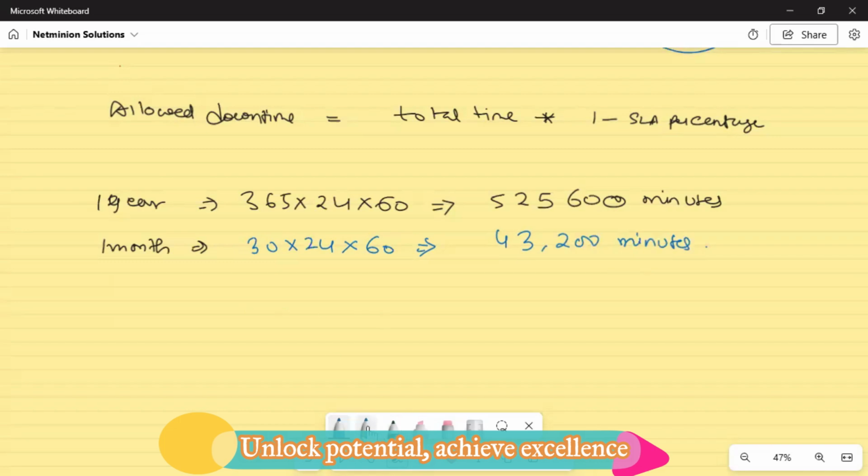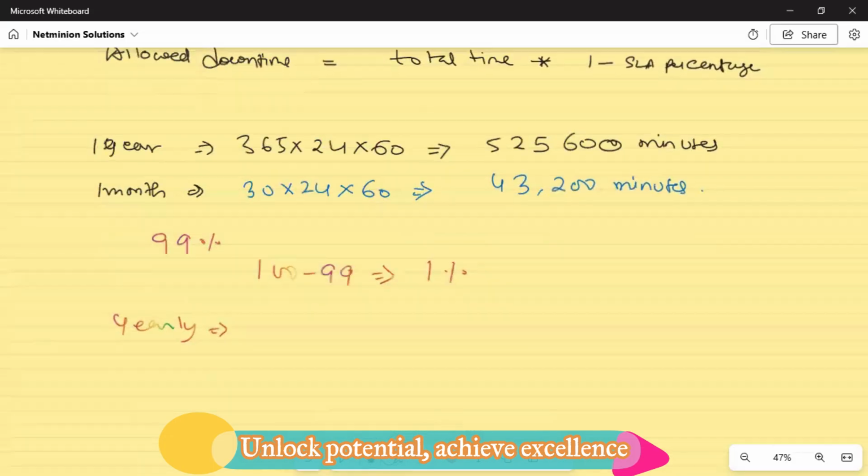Now let us say I am taking an agreement from Microsoft where I am taking an SLA of 99%. If I say 100 minus 99, it will be 1%. The very simple mathematics is yearly: what can be my maximum downtime?